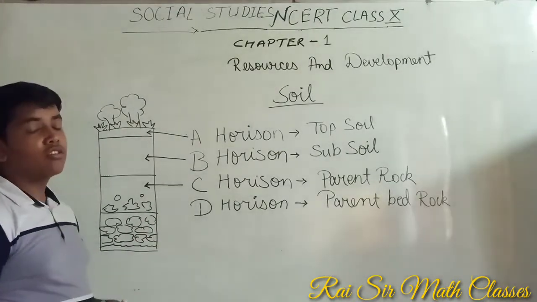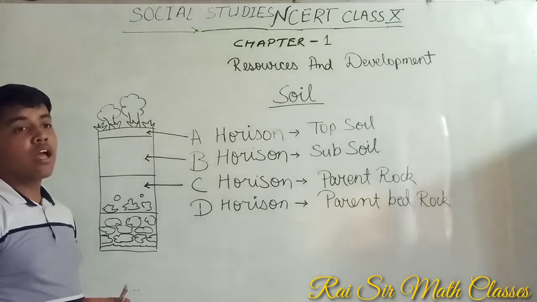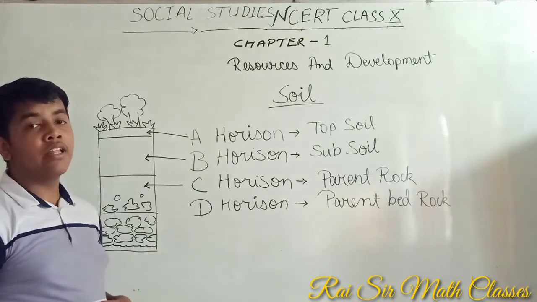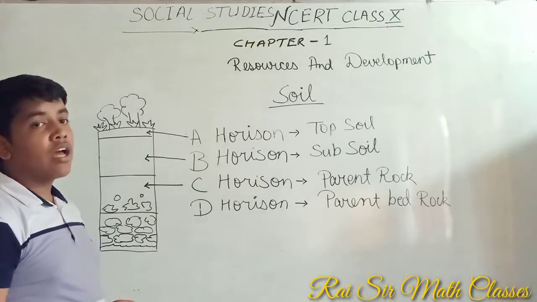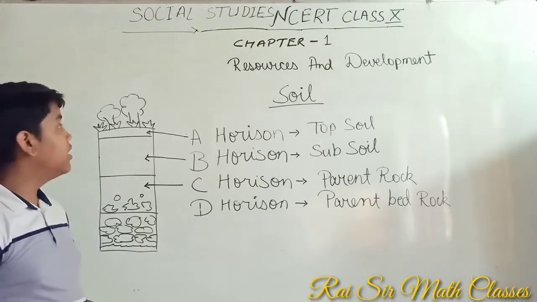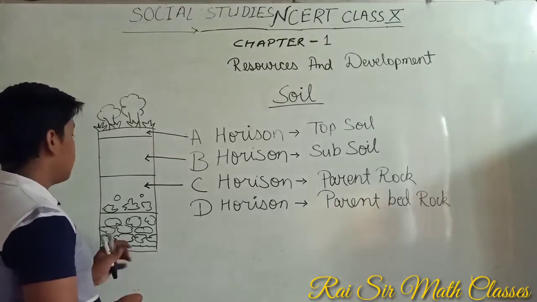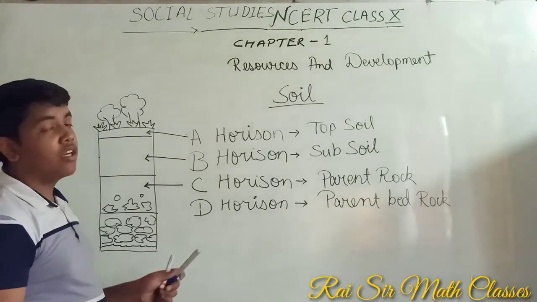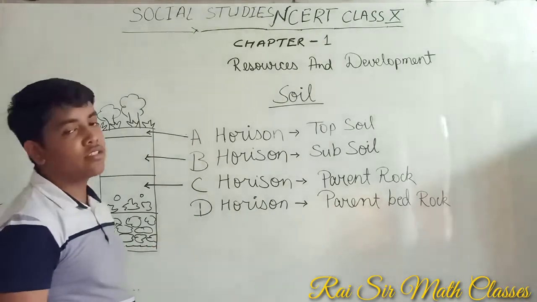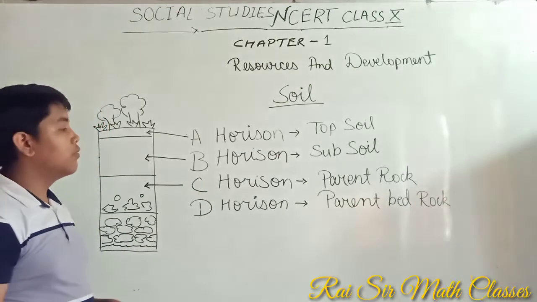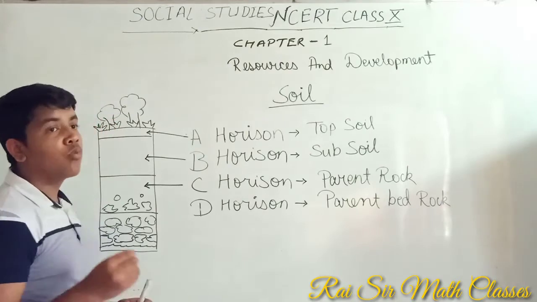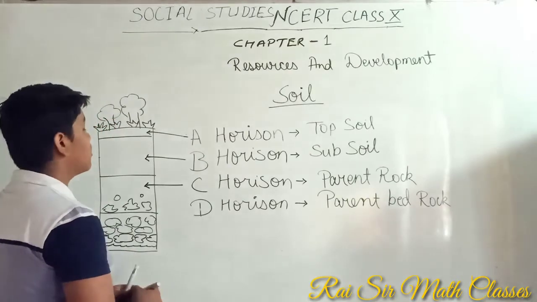It contains rocks which are very sharp and mainly red and black in color, which are not in use for any kind. The C horizon is the parent rock, meaning most of the small stones are present in this.